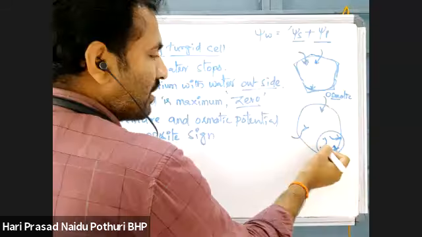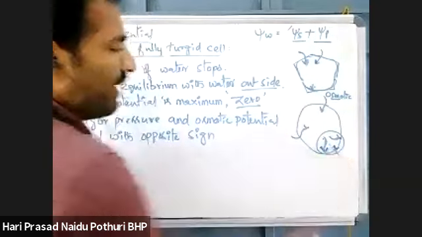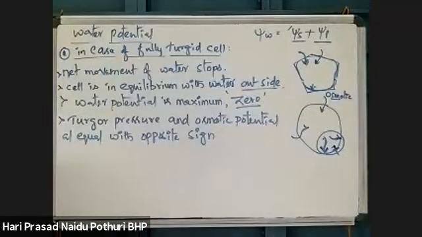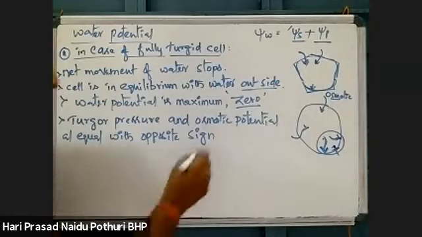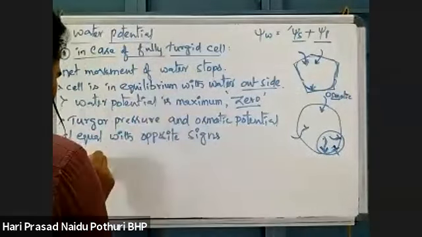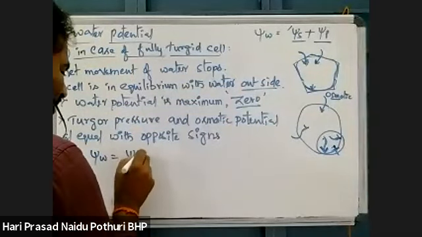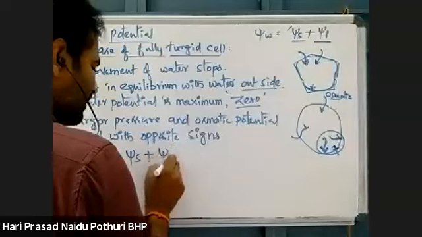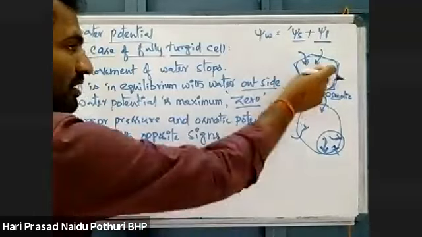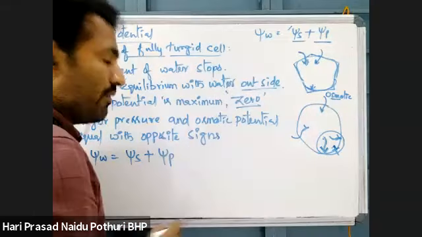Suppose this has 10 bars of negative pressure, means osmotic potential has 10 bars of positive potential, like that. Okay, negative sign. So that if you take water potential, that is solute potential plus pressure potential. Turgor pressure is exerted by the concentration of solutes only.